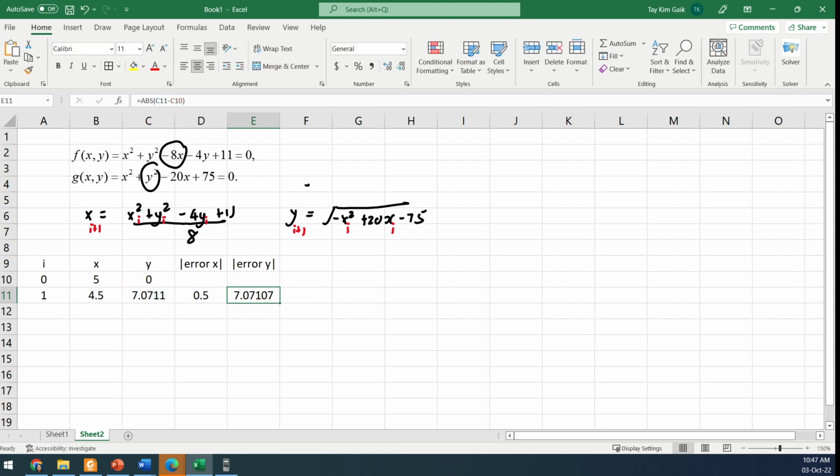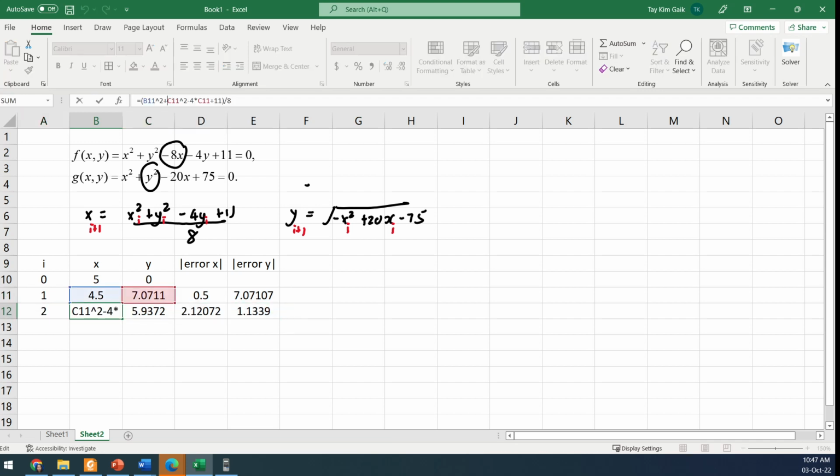When you copy it down, the column is maintained but the row increases. Initially the formula is B10; when you copy it down, the row number increases. You copy it up, the row number decreases. You copy it to the right-hand side, the column increases. You copy it to the left-hand side, the column decreases. This is the relative column and row property in Excel.